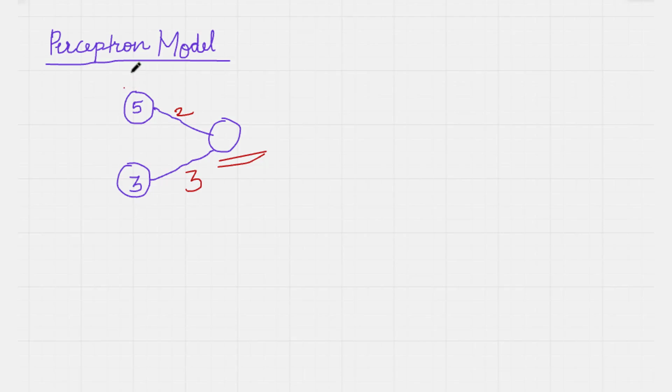Let this node be x1, let this node be x2, let this weight be w1, let this weight be w2, and this is your output, so let this be y. For y, first we do x1 w1 plus x2 w2. This will be your y.